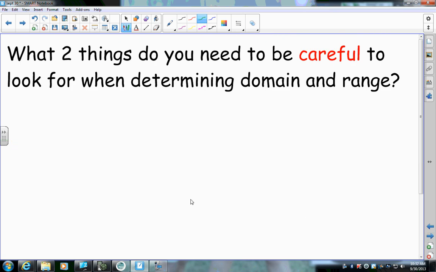What two things do you need to be careful to look for when you're determining domain and range? What do you think?